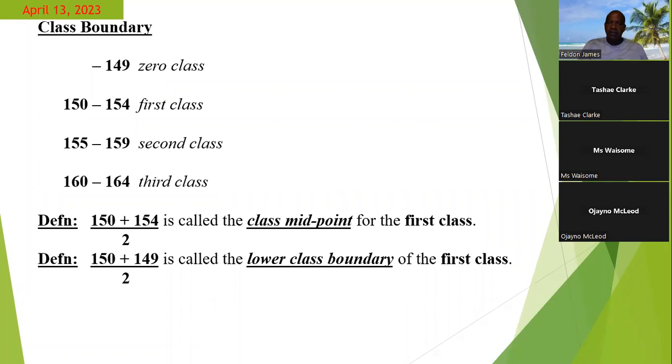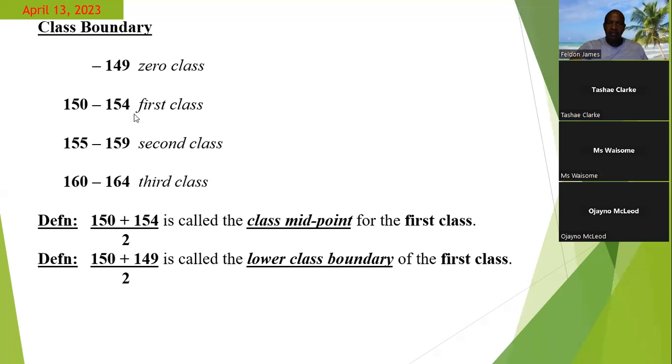So as I was saying, in finding the class midpoint, which is halfway between the classes, if all of the classes are uniform, if they all have the same class separation, if the numbers separating them are the same for all of them, instead of adding them and then dividing by 2, the easier way is to find the difference between one of the classes.